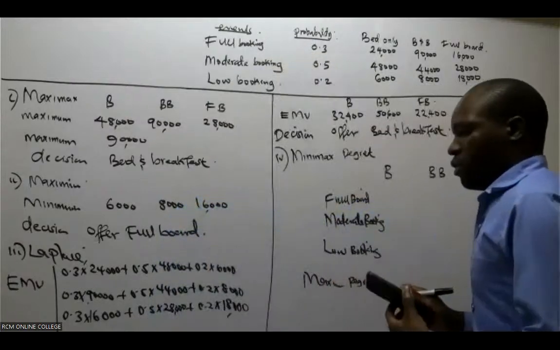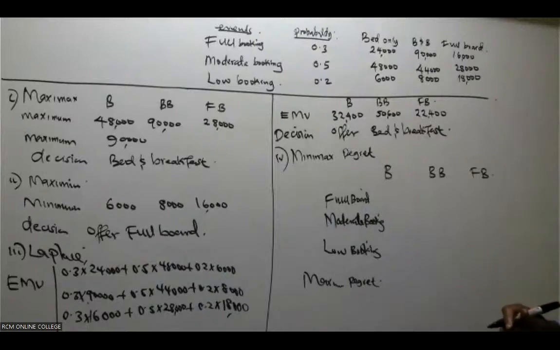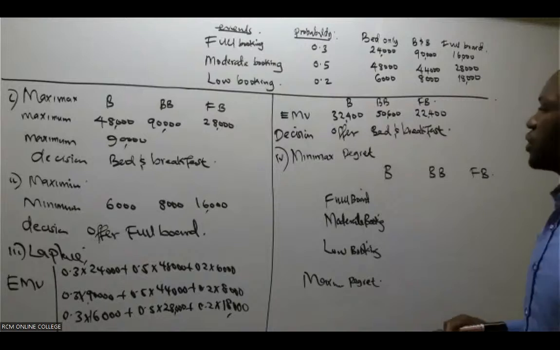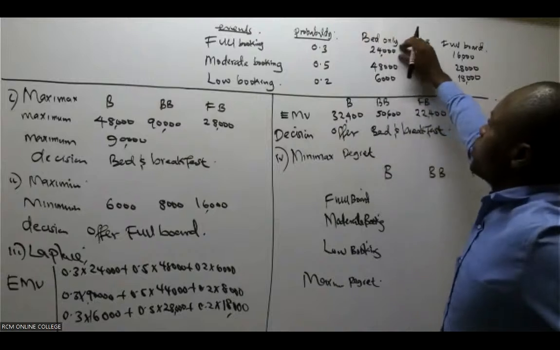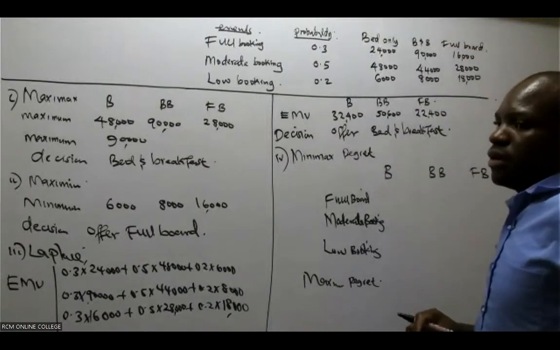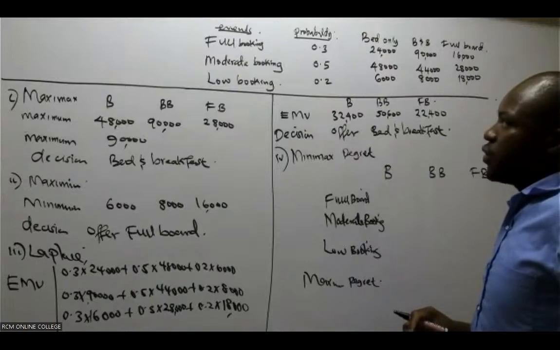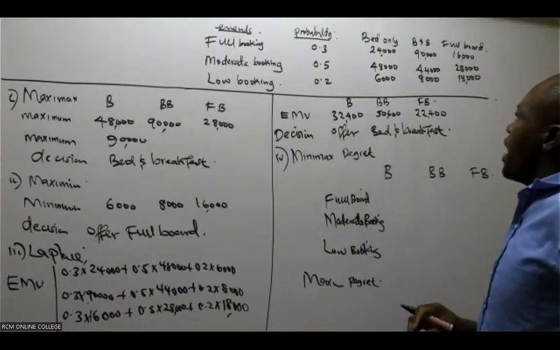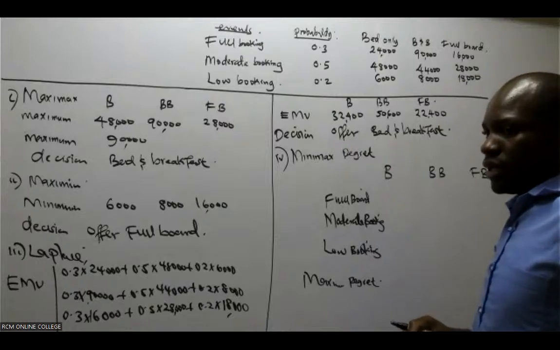Now, wow, time is not on our side. What do we need to do? We now look at this thing horizontally. Which one is the highest in the first option? Under full booking, in the event that full booking has taken place, what will be the highest amount? 90,000, is it?